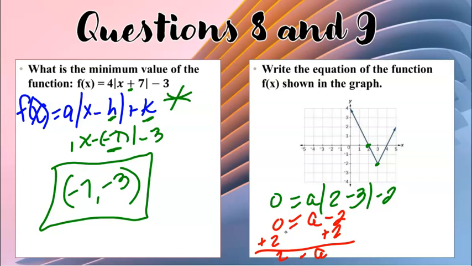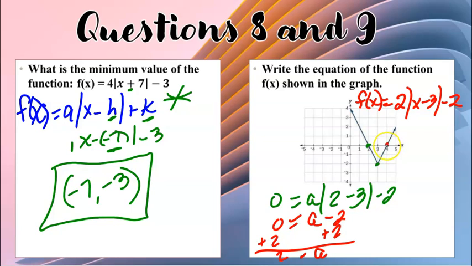So my function, if I label this, this would be f of x. So f of x equals my a, which is 2, times the absolute value of x minus 3, minus 2. Now I can check this quickly by putting in another point for x.